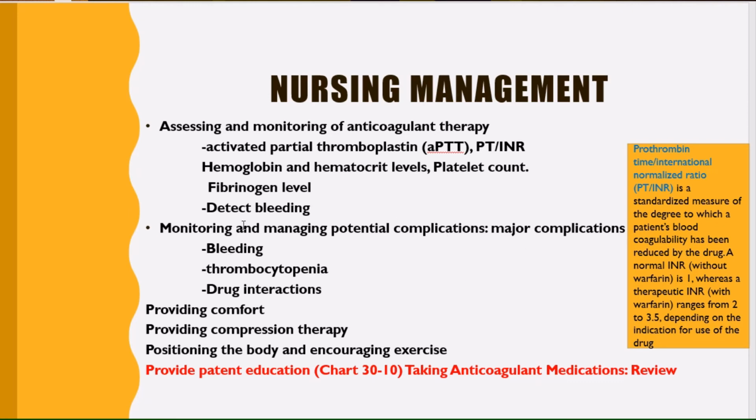Main complication is bleeding, because anticoagulants can be dangerous, and that's why you have to really monitor the PT INR or APTT, hemoglobin, hematocrit, the platelet count, to make sure that they don't go into bleeding or thrombocytopenia or drug interactions.